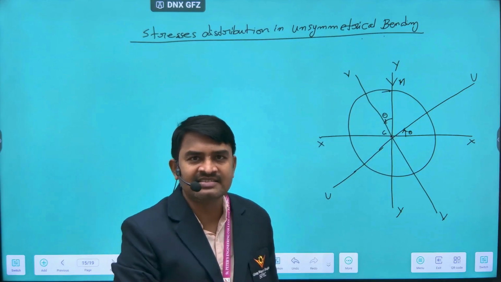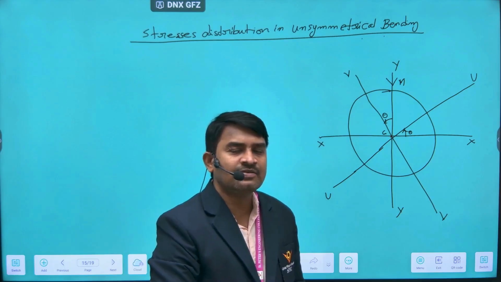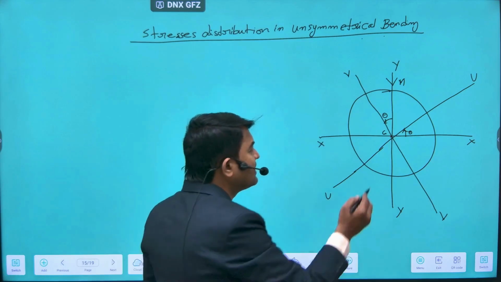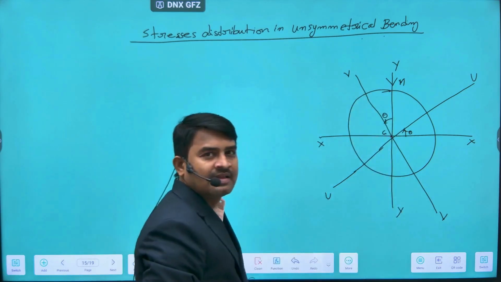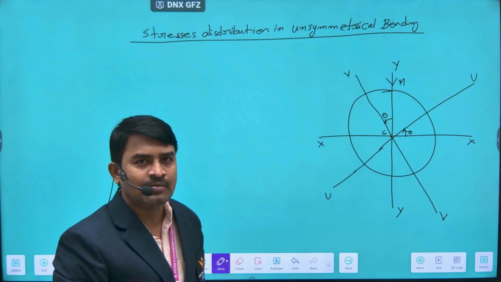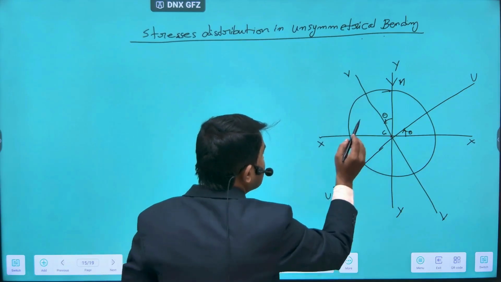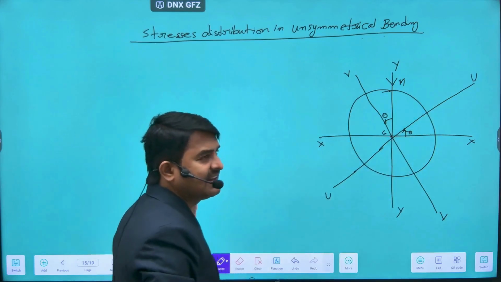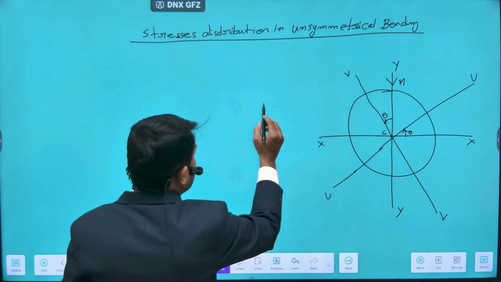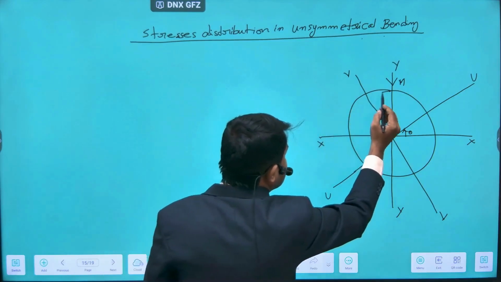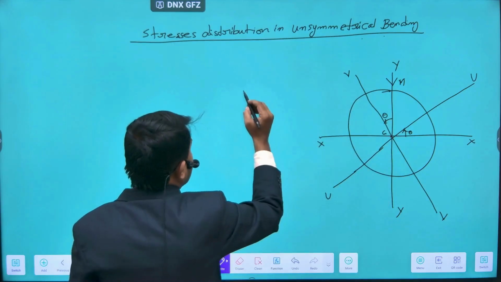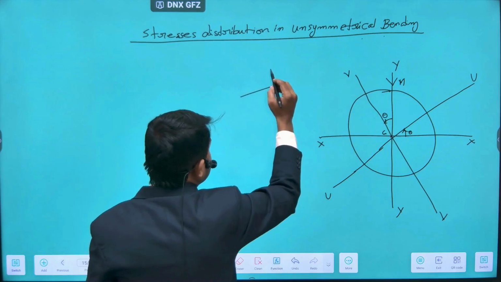Then the next important step is to calculate the components of the forces due to this moment. How we resolve the components along the VV and UU axes is very important. Now I am drawing this triangle separately.